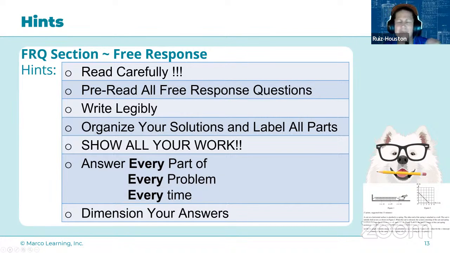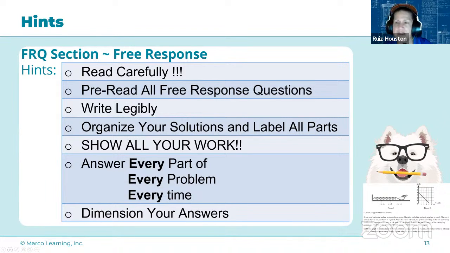I know your brains fire so quickly, but please pull something off the equation sheet, start there, show us how you're working the problem so we can give you as many partial credit points as possible. Usually we give a point for starting with the equation, and then if you have to substitute something in, there's probably a point in there.